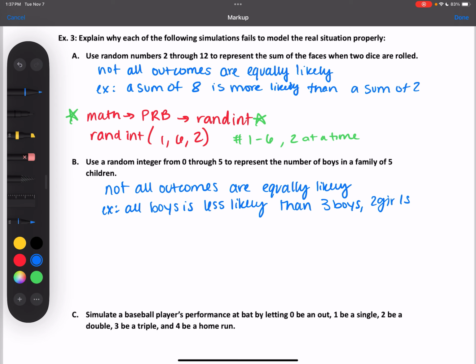Or we need to use the random integer on your calculator, which is what we're going to do. And we're going to say that boys are 1s and girls are 0s. And so using the random integer function on your calculator that we looked at yesterday, it's going to be the random integer of 0, 1, and we need 5 of them to come up.